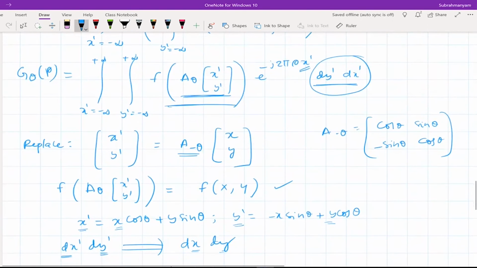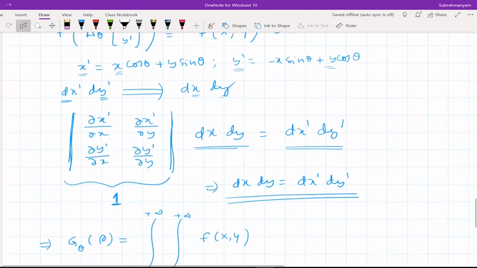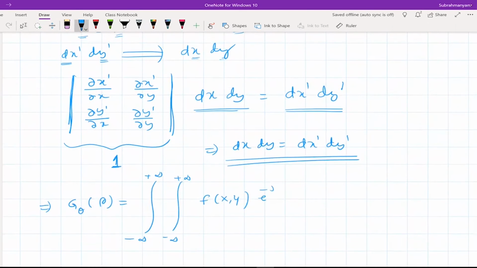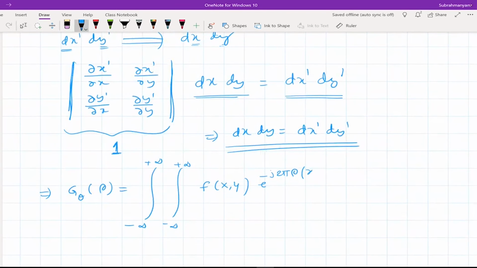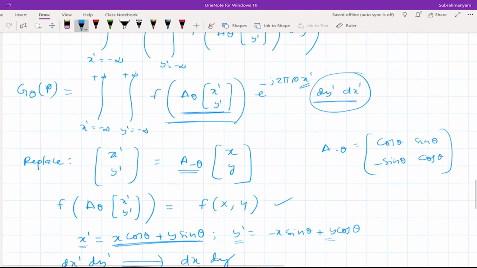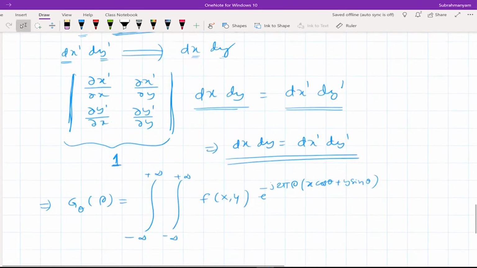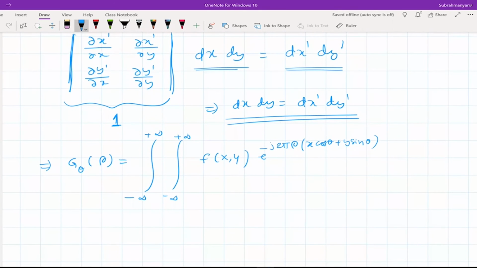And then e power minus j 2 pi rho x dash. In place of x dash, what should we write? X cos theta plus y sin theta. Right, x cos theta plus y sin theta. What else? Is there anything else? That's all. Dy dash dx dash, that will become now dx dy.